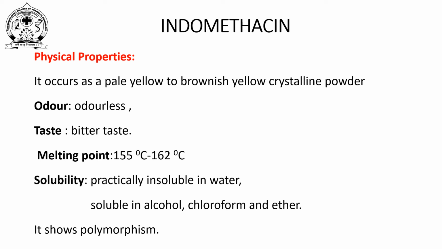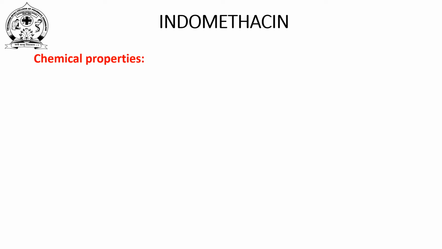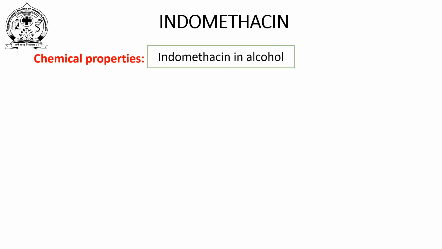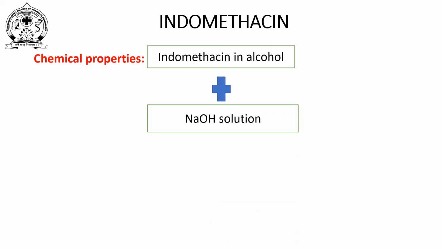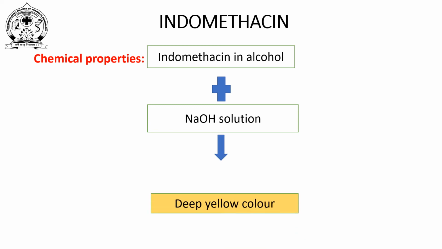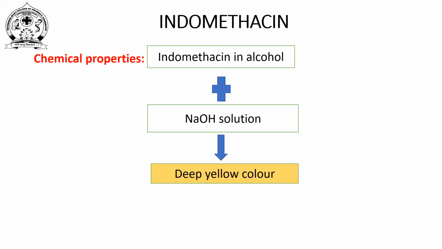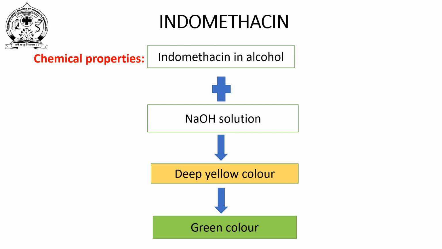It also shows polymorphism. Next, chemical properties. Take indomethacin in alcohol, then add NaOH solution. It produces a deep yellow color, which then turns to green, and again upon standing turns to pale yellow. This is the identification test of indomethacin.